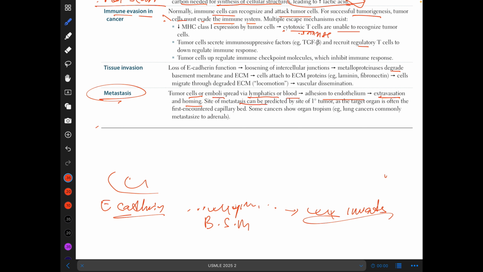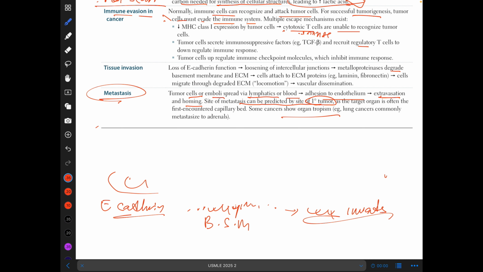The site of metastasis can be predicted by the site of the primary tumor, as the target is often the first encountered capillary bed. Some cancers show organ tropism. Organ tropism means the tendency of the cancer cell to spread to a specific organ or tissue. This means that not all organs are equally likely to harbor metastatic tumors. Some may be favored over others.